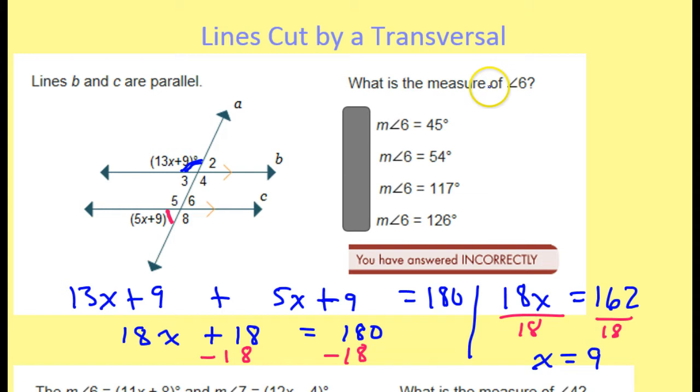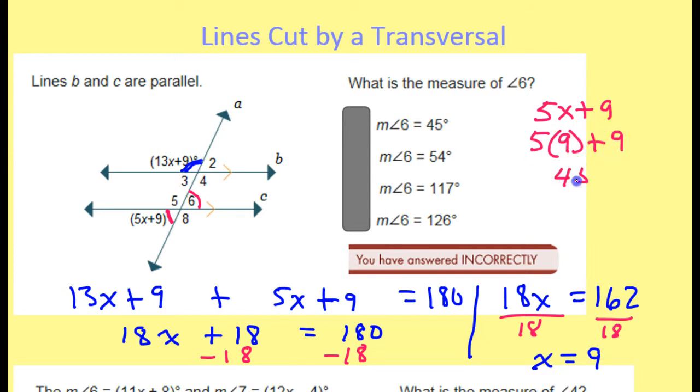We're supposed to find the measure of angle 6. Now, angle 6 is an acute angle, and all the acute angles are the same. So I could find the measure of this other angle that I labeled pink, the 5x plus 9 angle, and they should be the same. So that's what I'm going to do. If I have 5x plus 9, an expression representing an acute angle, but now I know what x is. x is 9, so that makes this 5 times 9 plus 9.